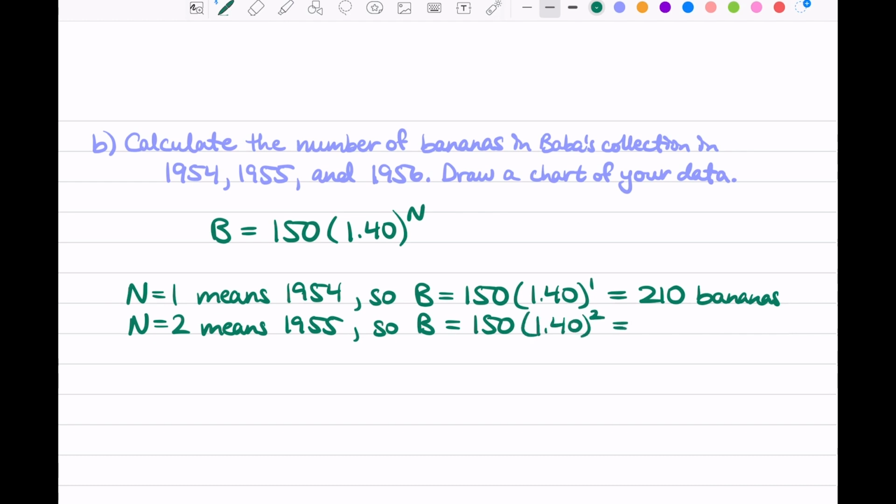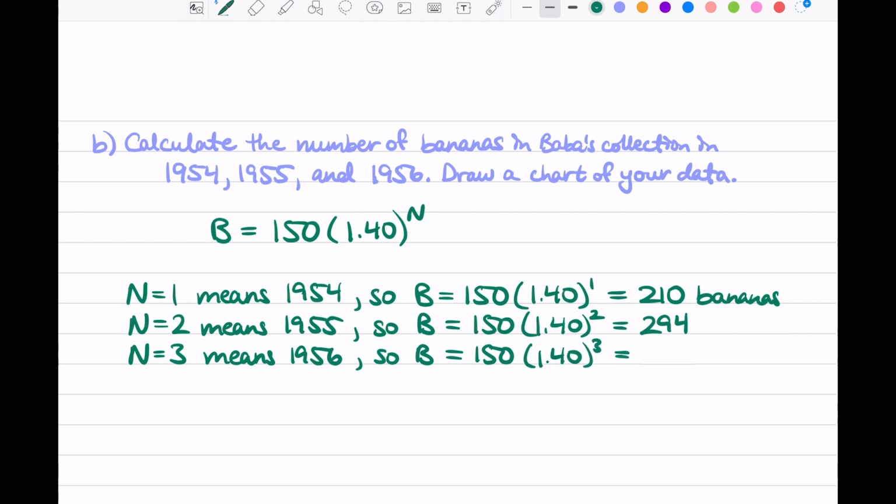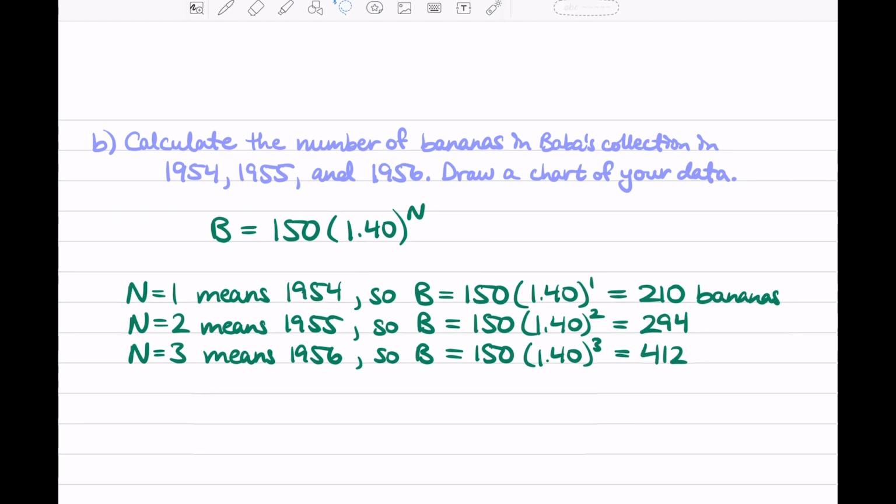Using a calculator, we would get 294. And finally, n equals 3 means 1956. So the number of bananas in our collection in 1956 is 150 times 1.40 to the third power. And using a calculator, we would get 412 bananas.